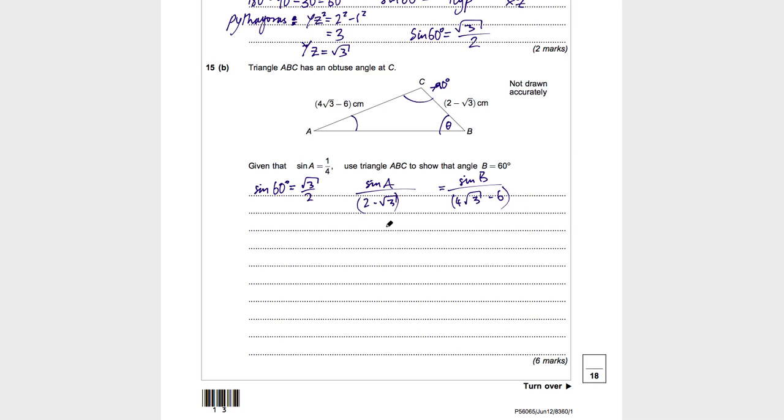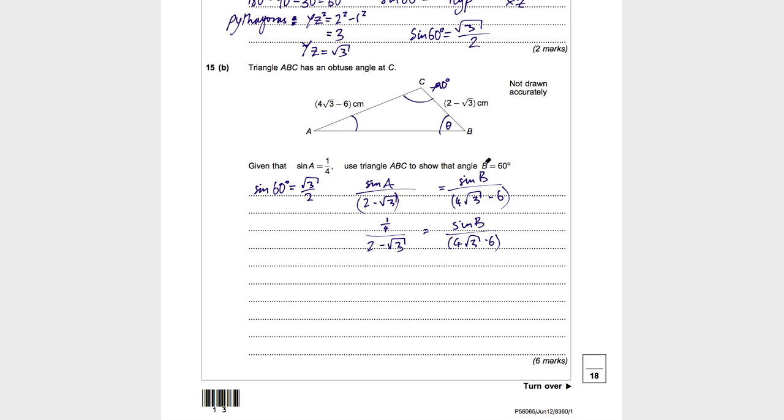Sine A is 1/4, so 1/4 over 2 minus √3 equals sine B over 4√3 minus 6. Now, I'm not sure where this is going yet. I'm just doing what I can to try and solve this.